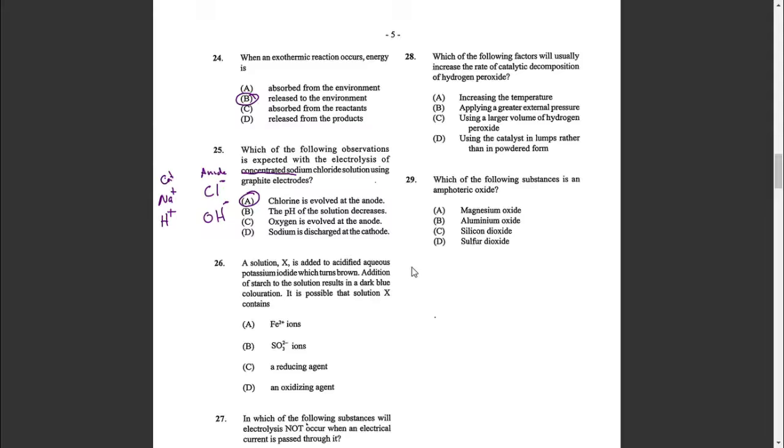The bluish black color that we see is due to the iodide being oxidized to iodine plus 2 electrons. If this was oxidized, that means there was an oxidizing agent within compound X that caused this oxidation. So the answer is D.